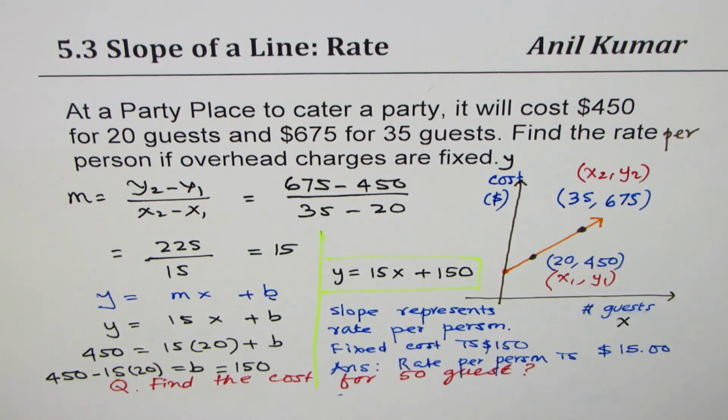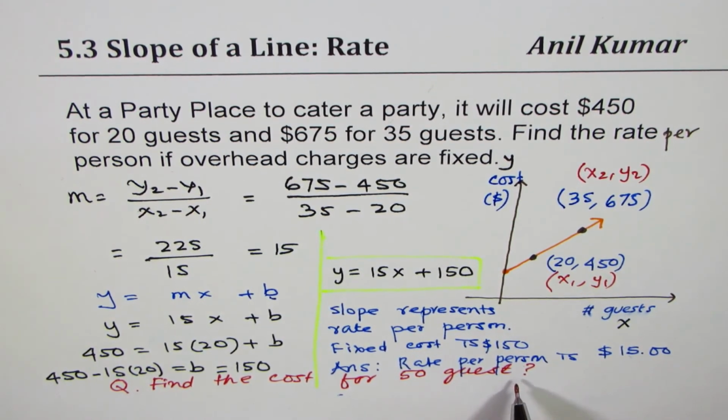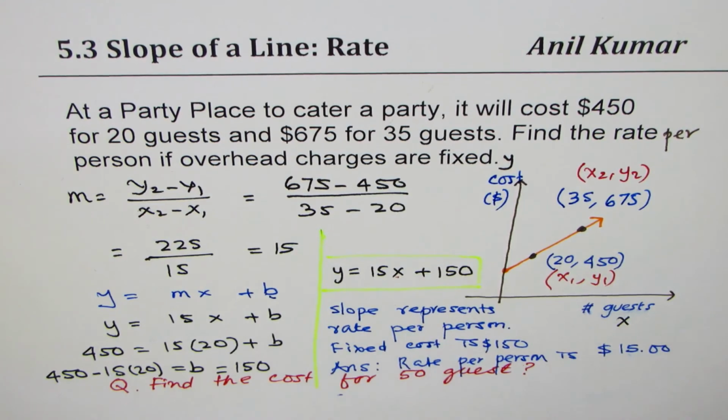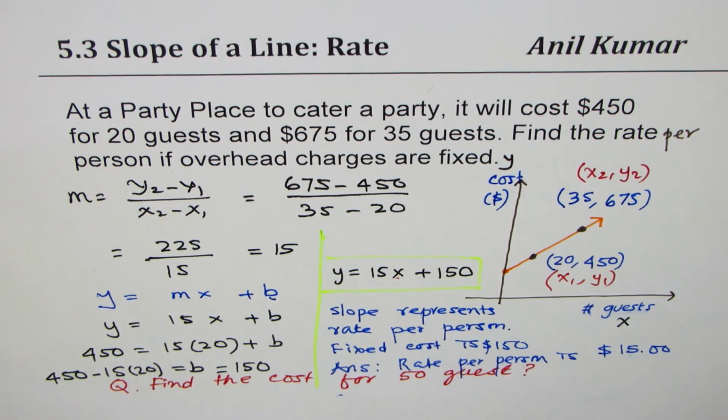You can pause the video, answer the question, and then write down your answer in the comments. You can use this equation, replace x with 50, and calculate your answer. I hope that really helps.